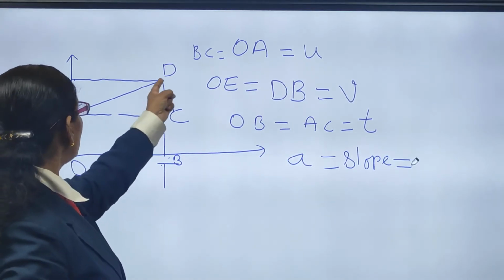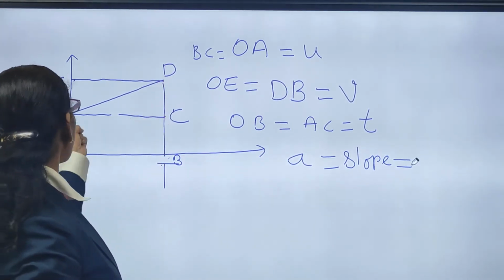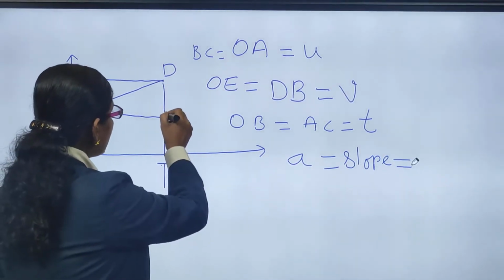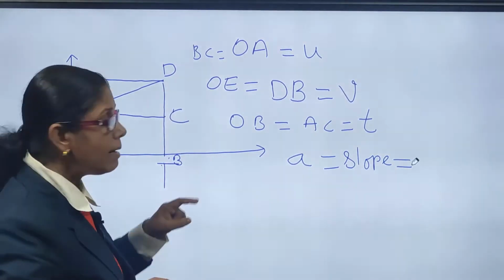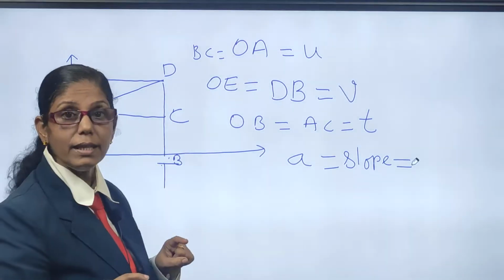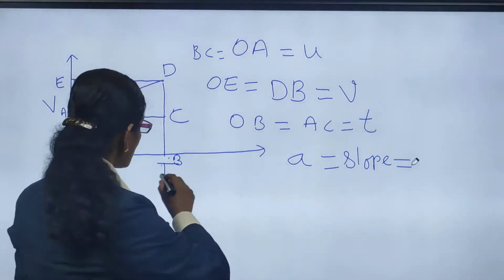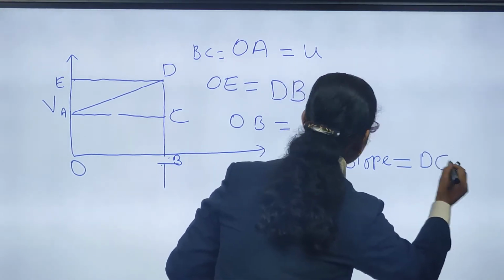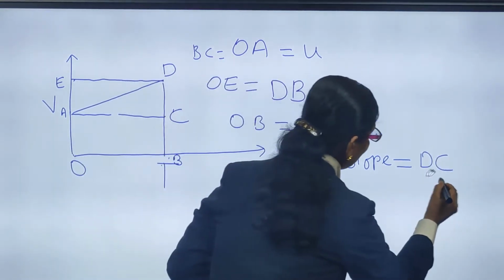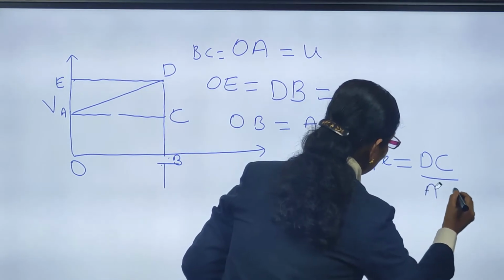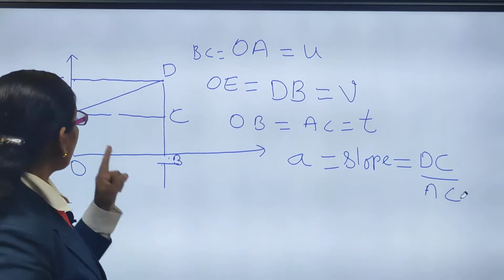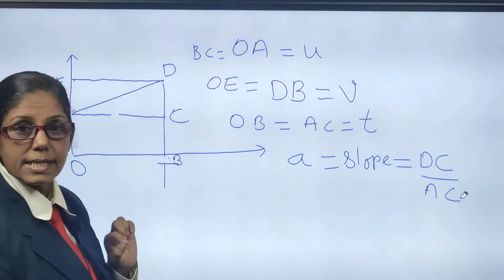Slope is equal to DC upon AC, height of the right angled triangle upon base of the right angled triangle. Is it clear? Now, from the graph, how much is DC?